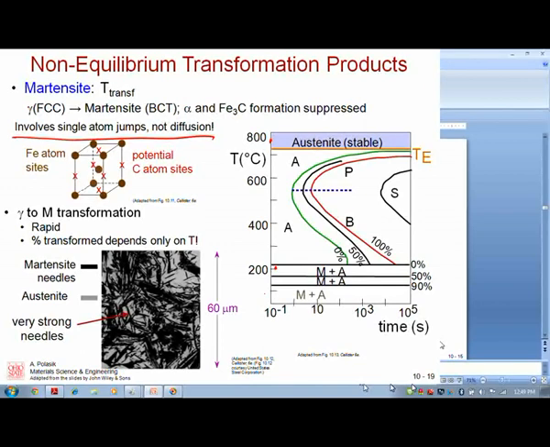So the amount of martensite is only dependent on the temperature. If we left that alloy at 200 degrees, it would stay 25% martensite. And the only way we're going to get more martensite is if we cool it down more. Once we cool it to room temperature, it'll be, for all intents and purposes, 100% martensite. There is a tiny bit of retained austenite because of the shape change.